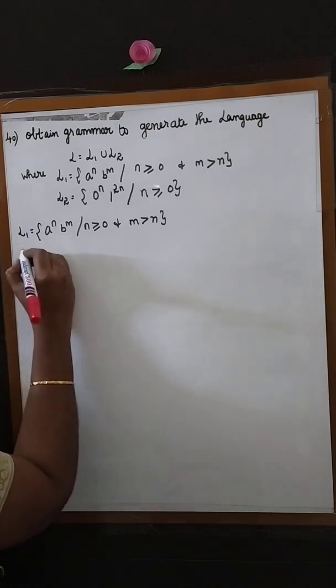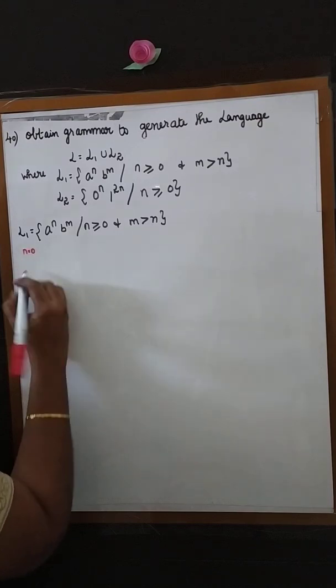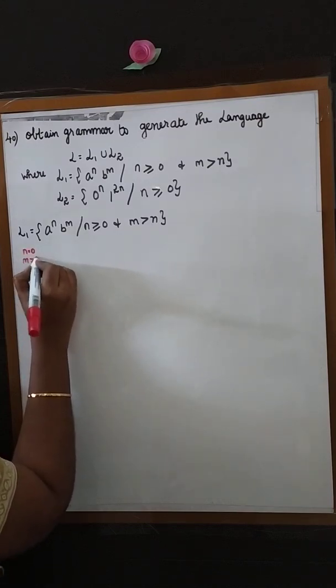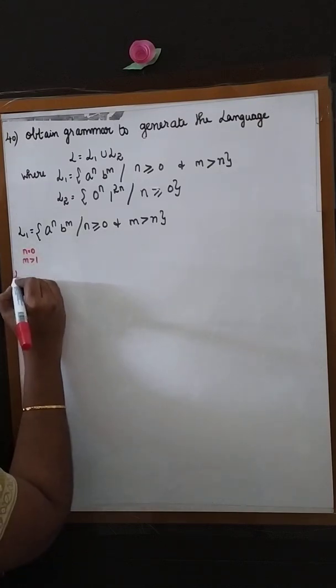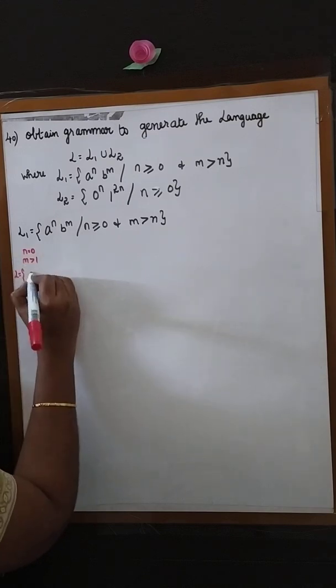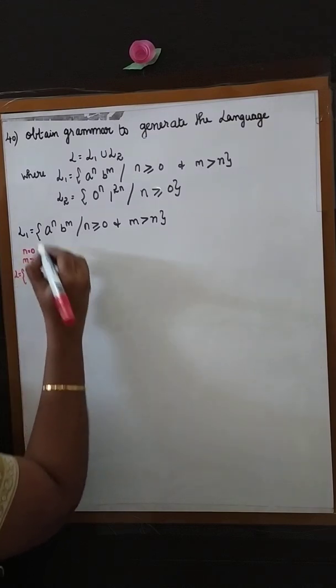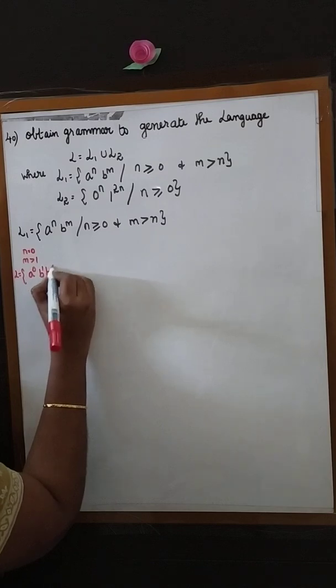Now when n is equal to 0, m will be greater than 1 (m greater than or equal to 1). So my language will be a to the power of 0, b to the power of 1 and then b star.